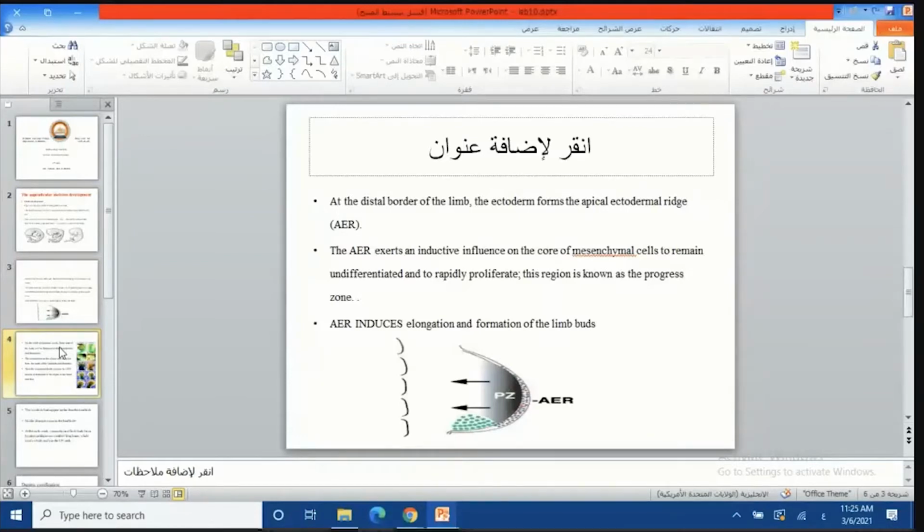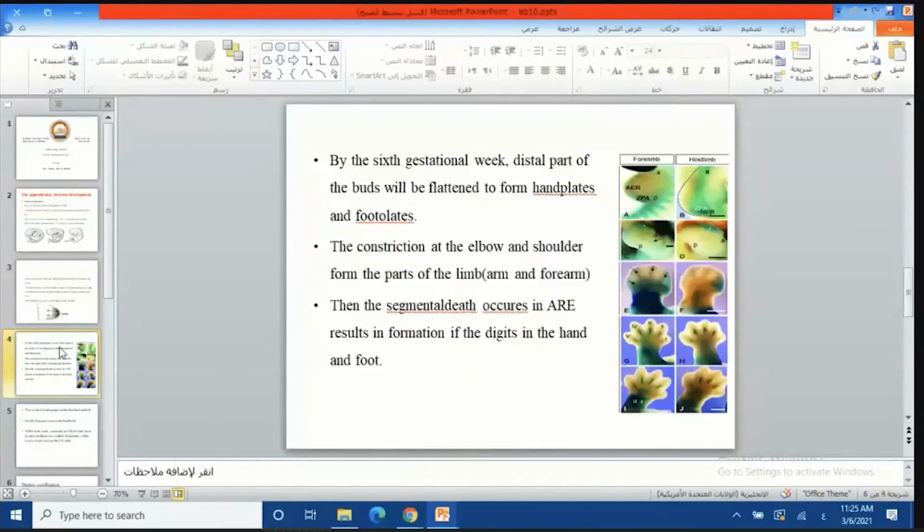So by the sixth gestational week, by the middle of the second month, the distal part of the buds will be flattened to form hand plates and foot plates.